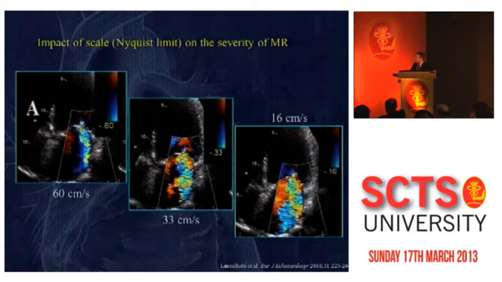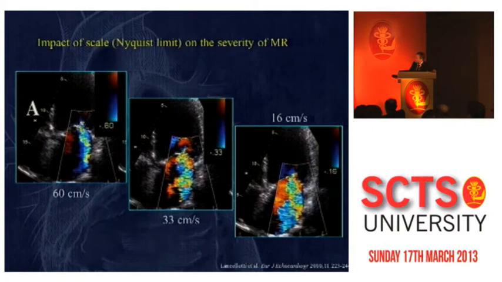And you see that for this mitral regurgitation jet, it looks moderate. If you decrease that, it's very easy to do, to 33 centimeters per second encoding velocity, you see that you're already looking at a severe mitral regurgitation. And if you go down to 16 centimeters per second, it really looks a very, very severe one. So you can go from grade 2 to grade 4 simply by changing the settings of your echo machines.